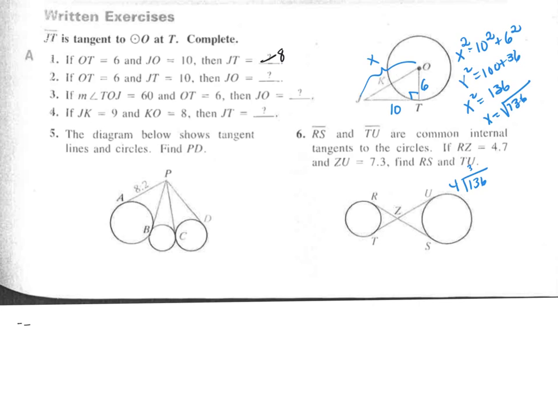I'm going to try to reduce this. So I'm going to get 2 times the square root of 34 in simplest radical form. So my exact form for number 2 would be 2 root 34. That's exact form because nothing has been rounded off.